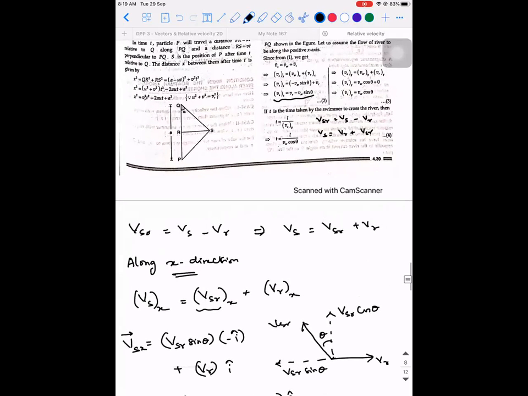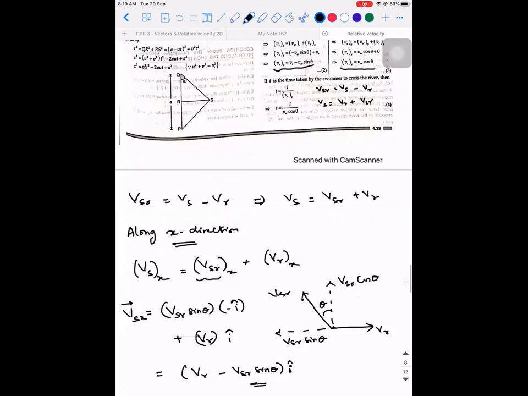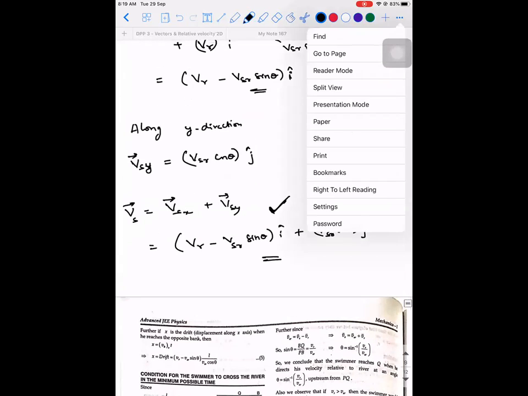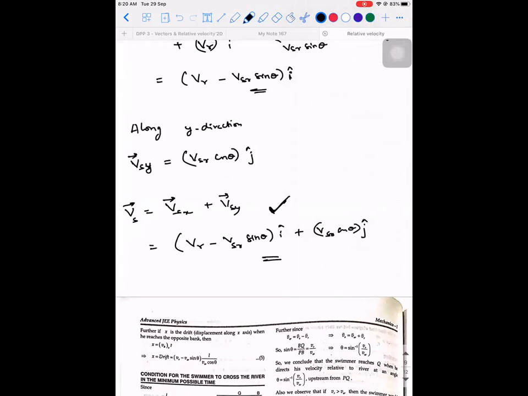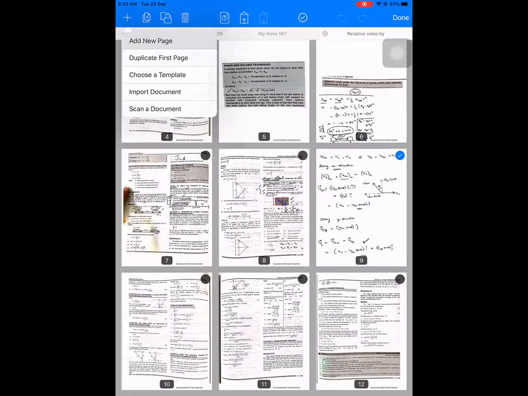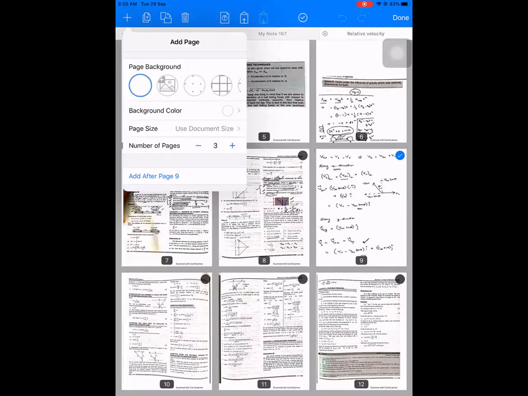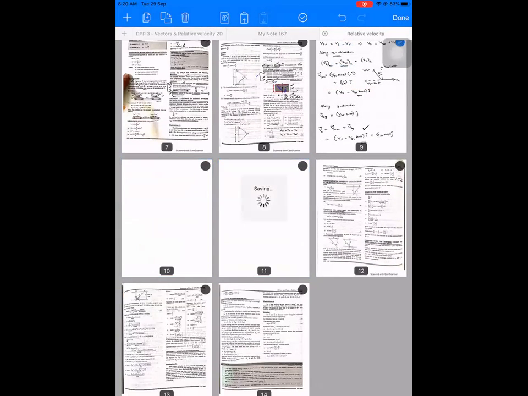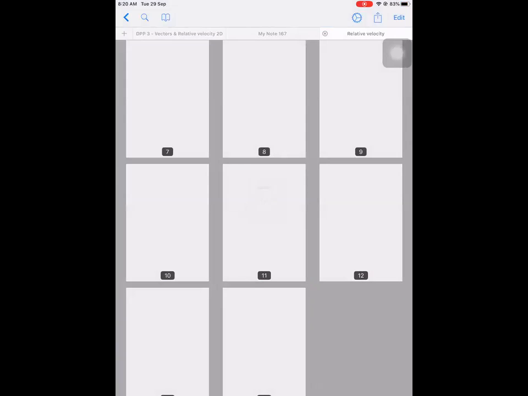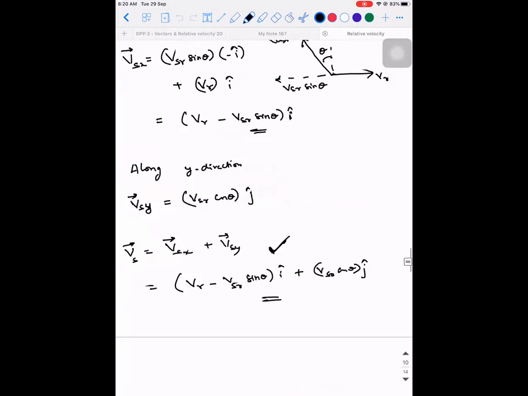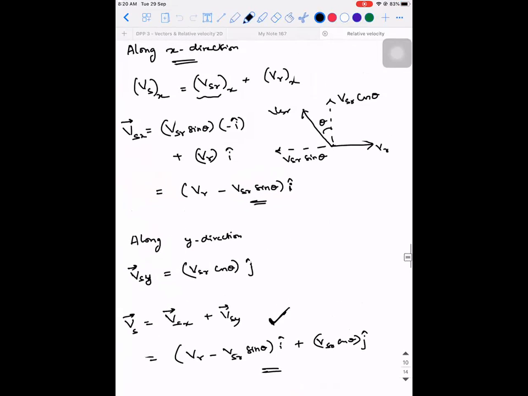Okay, so this is going to happen. Now, if I put a question like this, how much time does it take for the person to reach the other end? So how much time will it take for the person to reach the other end is the question.